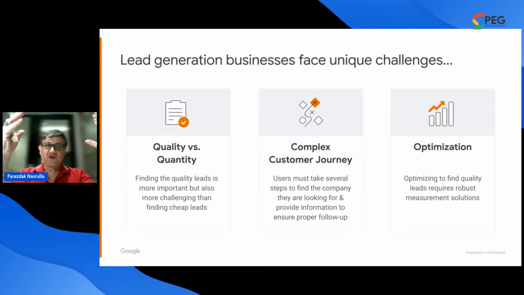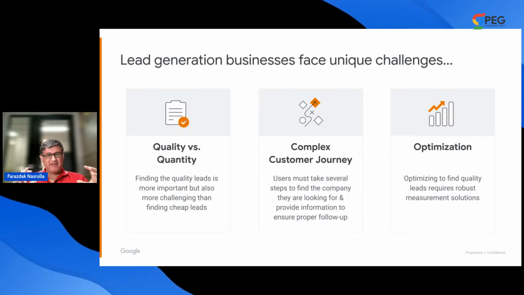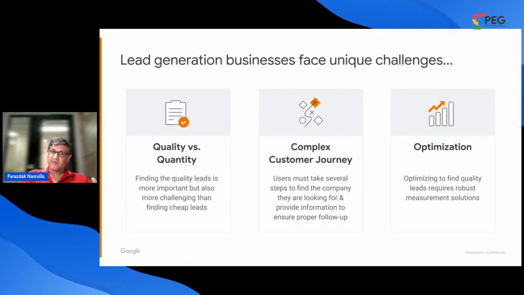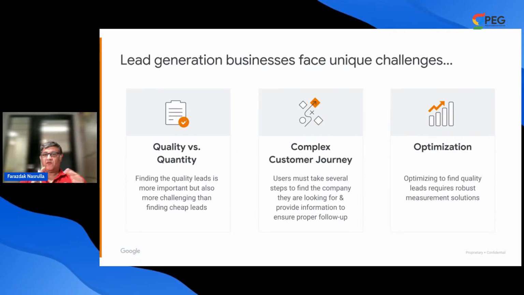Let me explain this with an example of Happy Feet Shoes. Happy Feet Shoes is a shoe company that specializes in certain segments of shoes. Let's say a person is suffering with plantar fasciitis, a pain in their foot. They have a kind of shoe to cater to that segment.